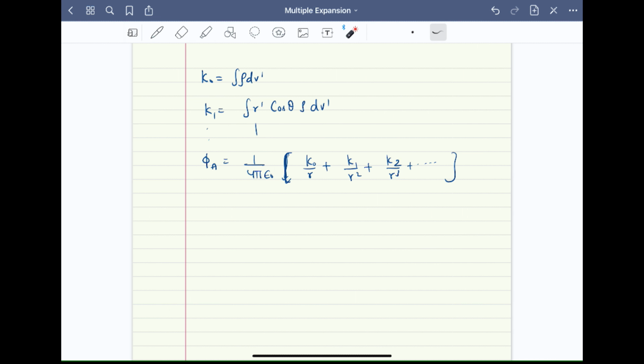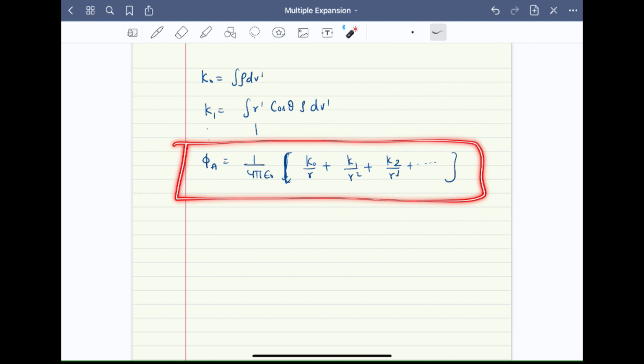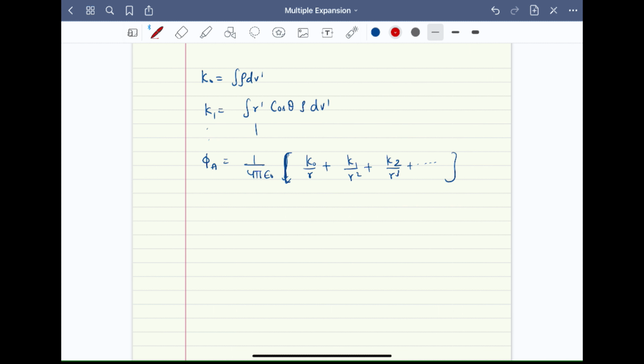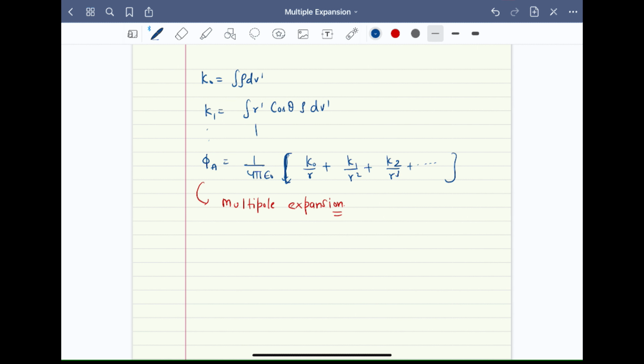This power series that we have now calculated is called the multipole expansion.